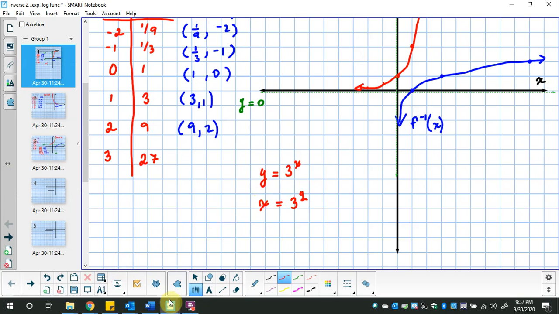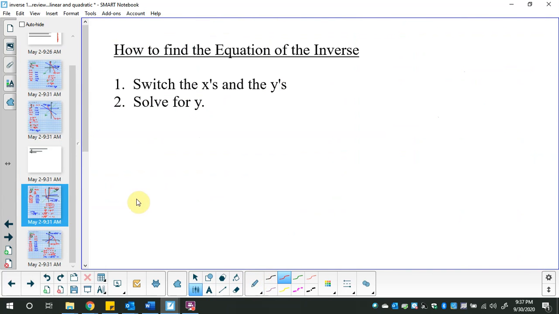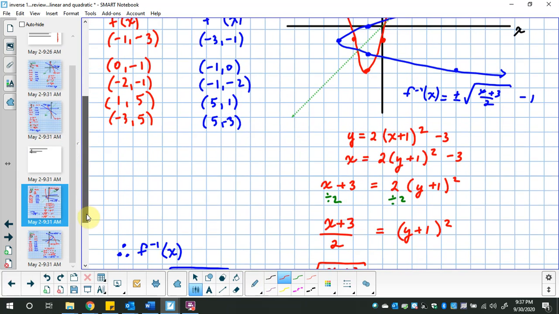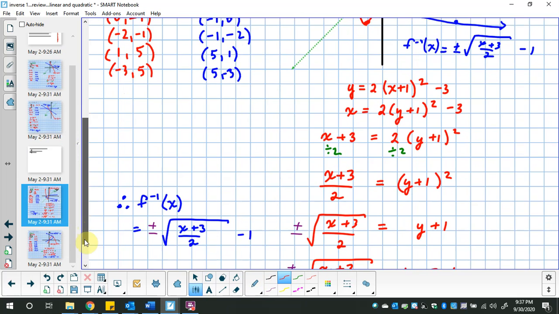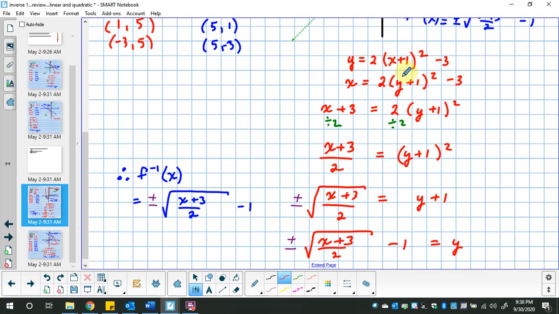Now the thing is, if I go back to yesterday's note and I look at, I don't know, a quadratic example, we switched the x's and y's, and then we had to get the y by itself, we had to undo all the math backwards. So we had to take the -3 over, so we know the opposite of subtraction is addition. No biggie. We know that the opposite of multiplication is division.